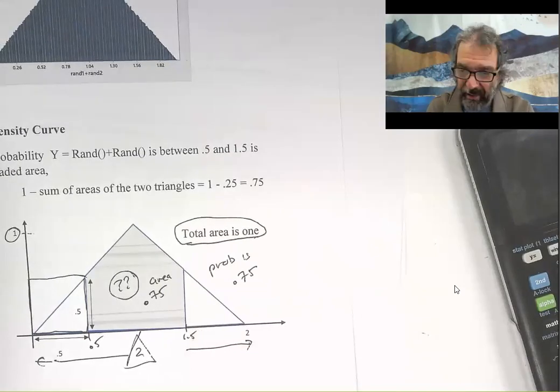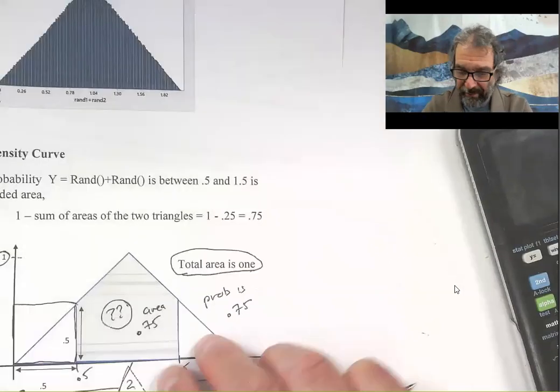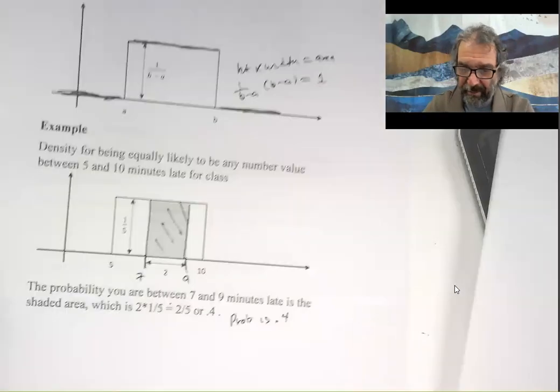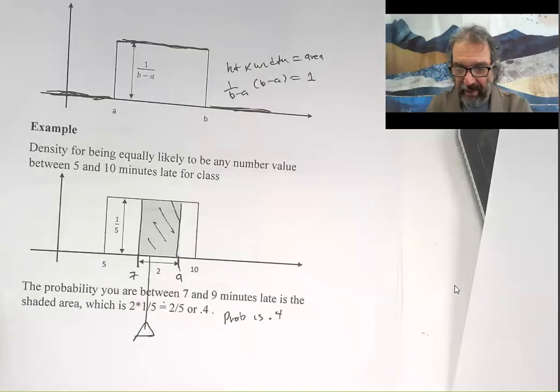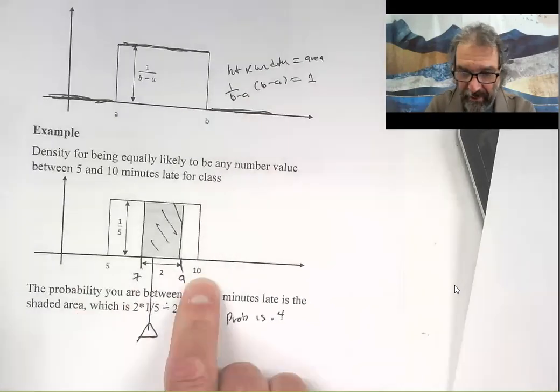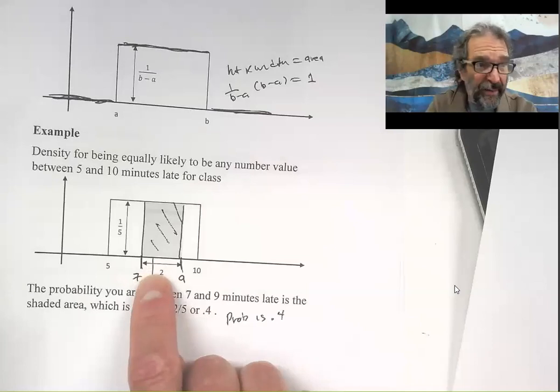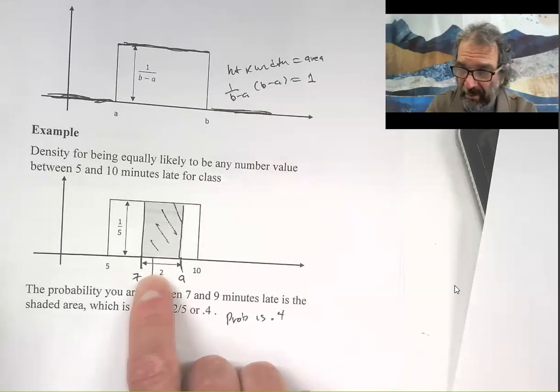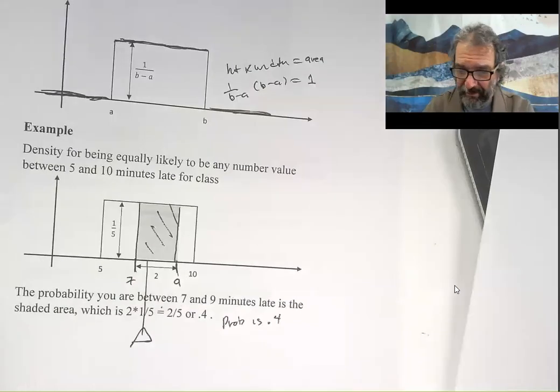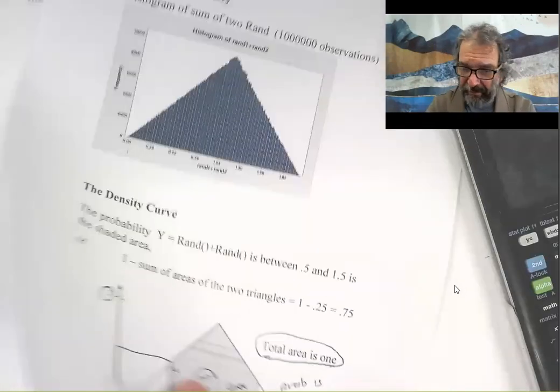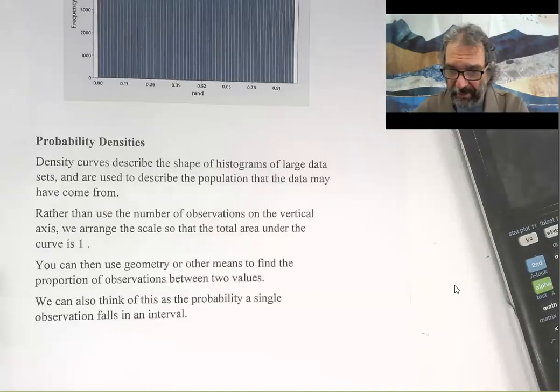And if you have a uniform density curve, then the balance point is somewhere in the center here like this. And so this one that goes from 5 to 10, the mean would be 7.5, halfway between 5 and 10. So that's somewhat useful. Gives you a way of guessing where the mean is.